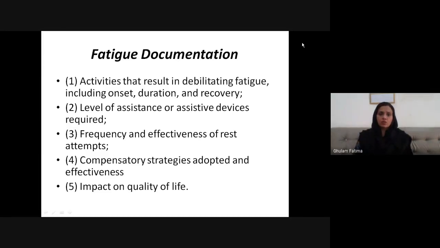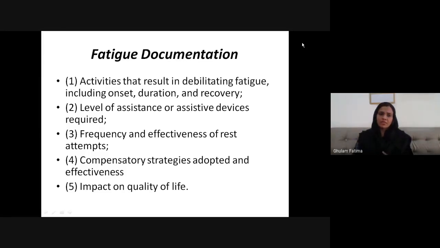Now, fatigue documentation. Other than using these outcome measurement tools, you have to document the fatigue of the patient. Fatigue documentation should cover the activities that result in debilitating fatigue. You have to mention the activities that are very difficult for the patient and very tiring for the patient.